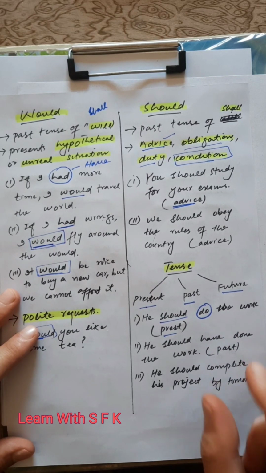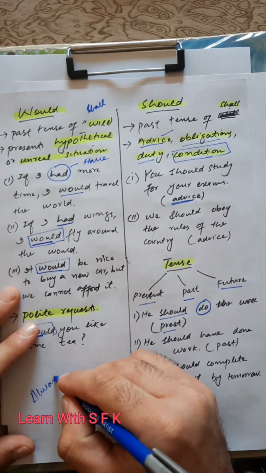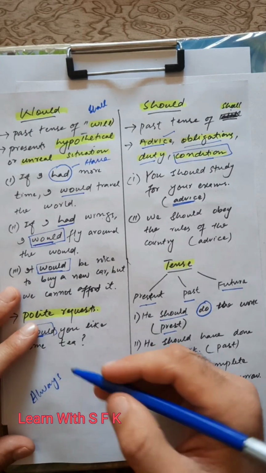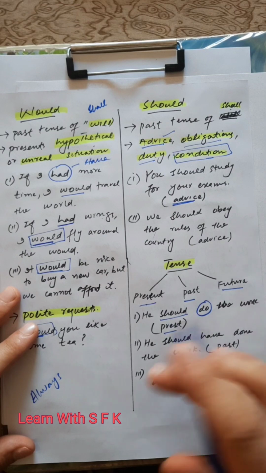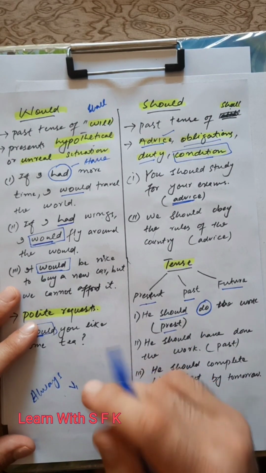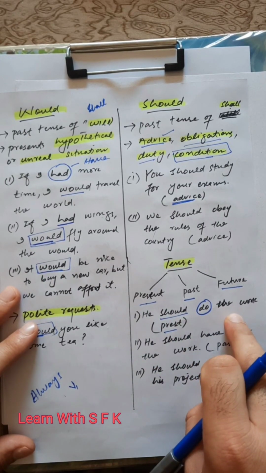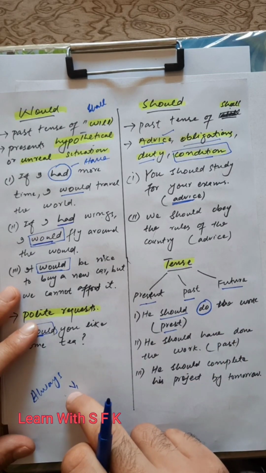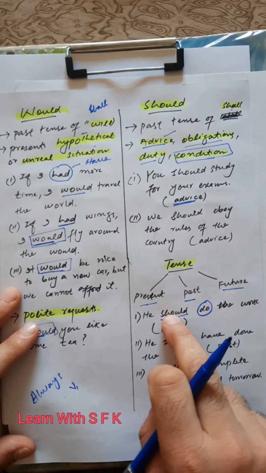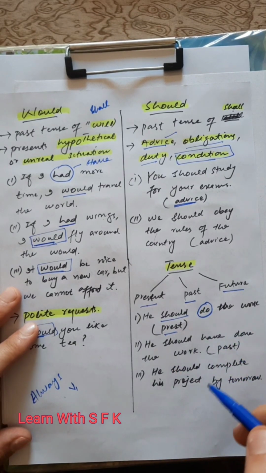You should also remember that we always use main verbs after the modal verbs in V1 form, the base form of the verb. We always use the main verbs after modal verbs in V1 form, यानी जब भी आपके पास मॉडल वर्ब आएगा, तो मॉडल वर्ब के बाद जब नेक्स्ट वर्ब आएगा, जो मेन वर्ब आएगा, तो वहाँ पे हम यूज़ करेंगे उसको V1 फॉर्म में.